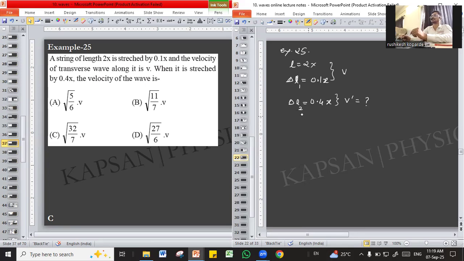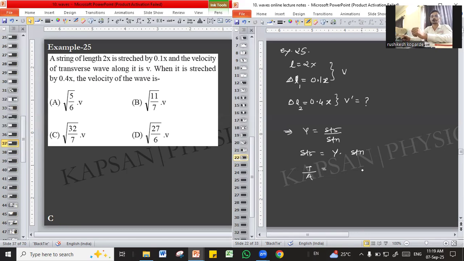So can I say Young's modulus Y is equal to what? Stress upon strain. So stress is equal to what? Y into strain. Stress in the wire is tension in the wire upon cross-sectional area of the wire.